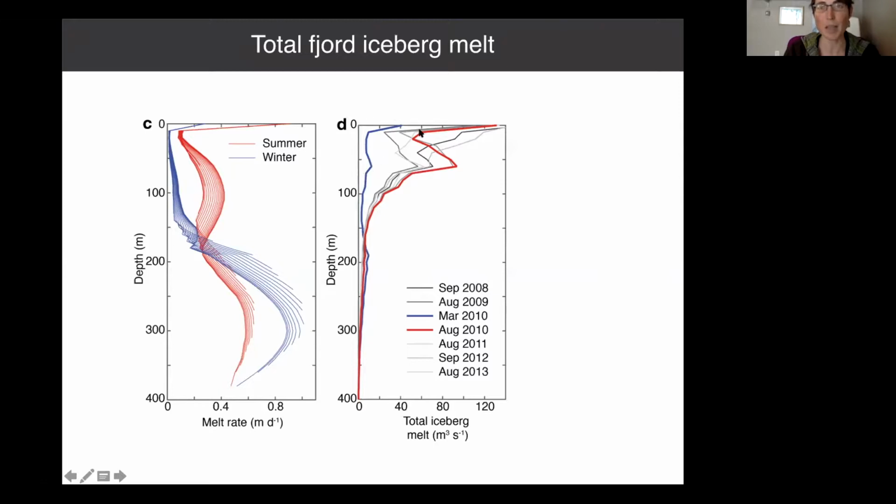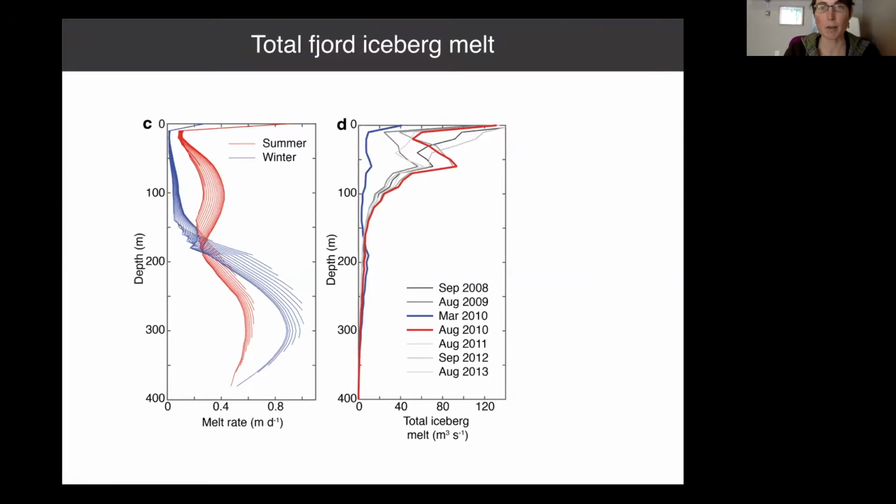We always have this spike at the top as we're contributing all of our above surface melt as well as our wave erosion. Wave erosion actually creates the highest point values for iceberg melt, but because it influences such a small part of our iceberg depth, it doesn't come out as the most important thing overall for iceberg melt.